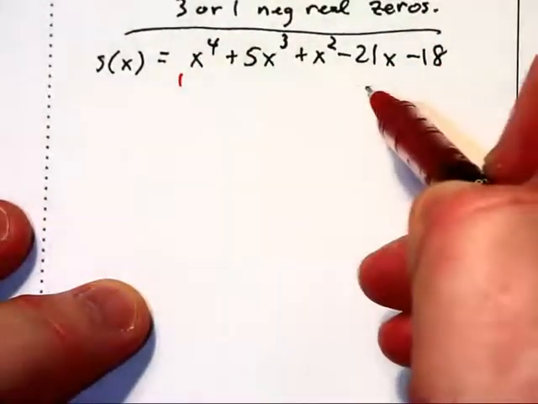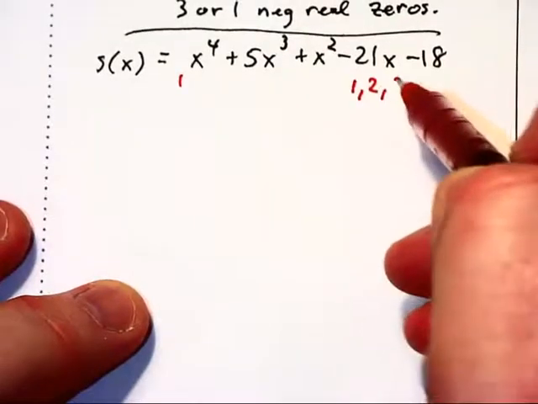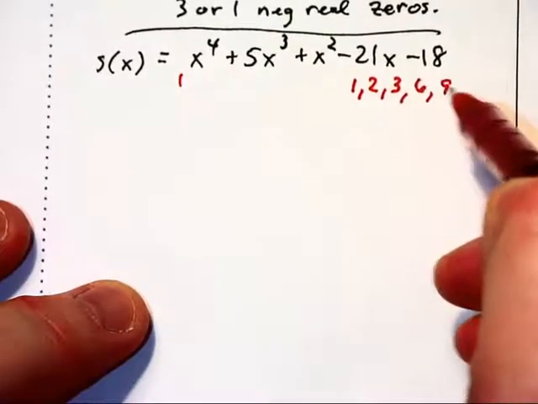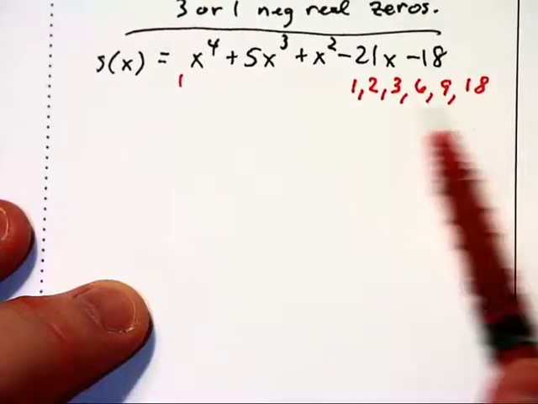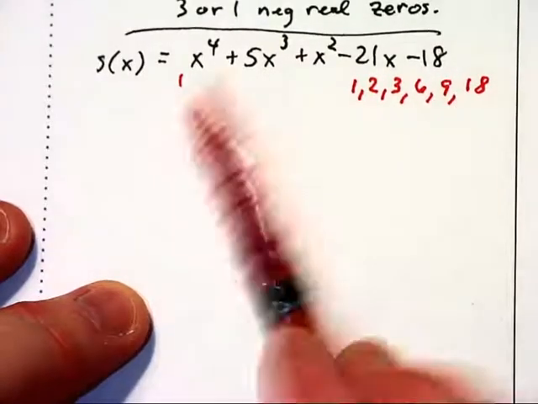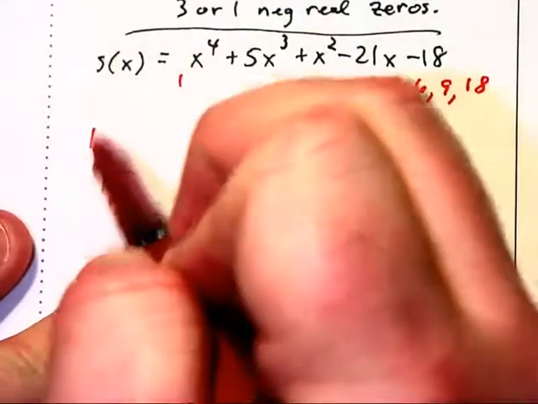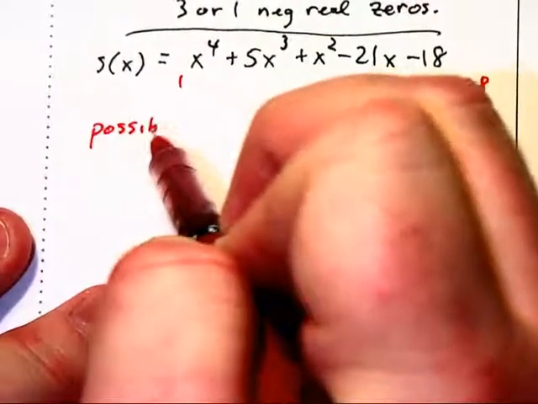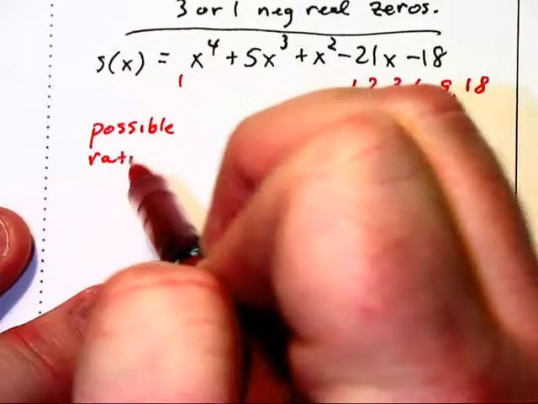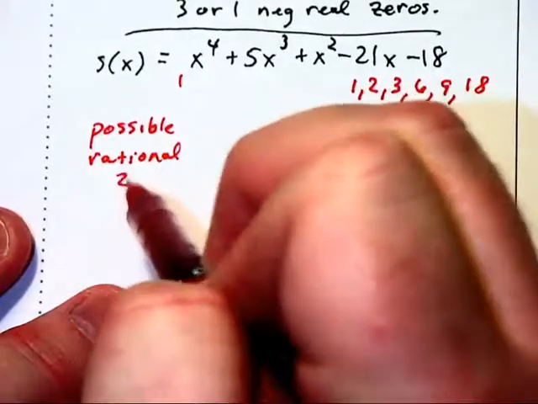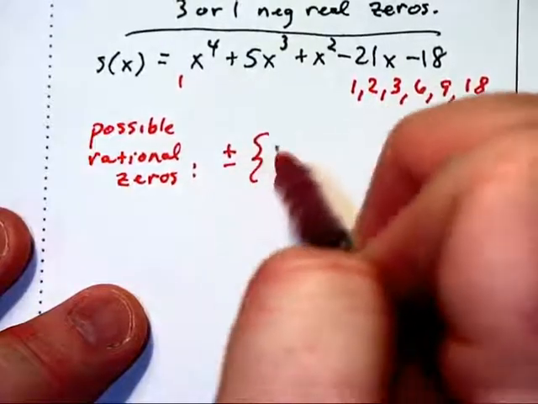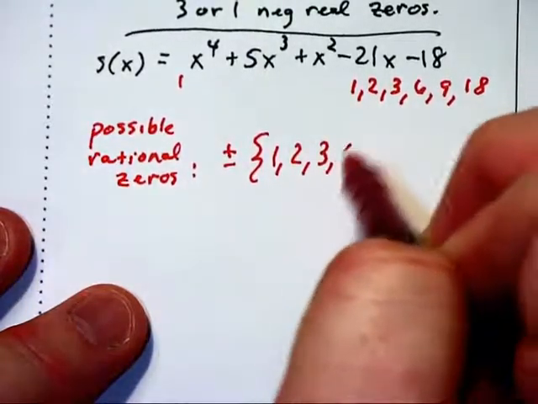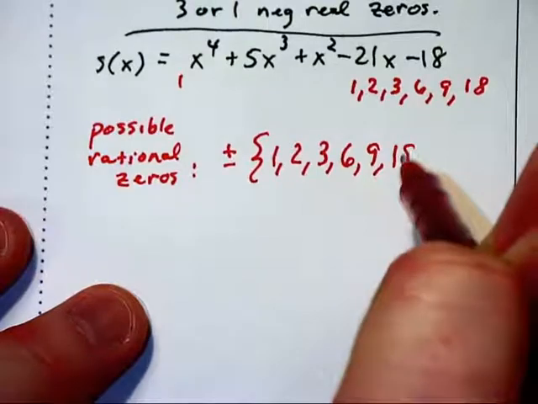But the 18 there has factors of 1, 2, 3, 6, 9, and 18. And when we put the factors of the constant over the factors of the leading coefficient, we have the following possible rational zeros: plus or minus 1, 2, 3, 6, 9, or 18.